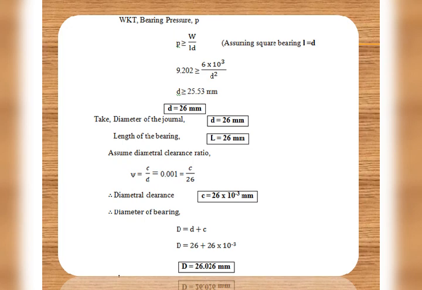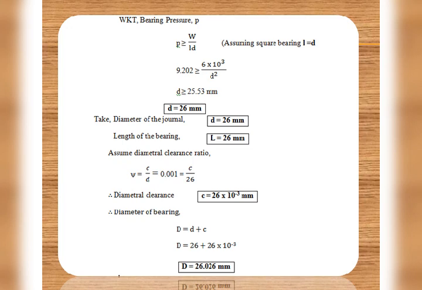Now the conclusion: the diameter of the journal D is equal to 26 mm, and since we assumed a square bearing, the length L is equal to 26 mm. Now we need clearance. We know the relation, diametric clearance ratio xi is equal to C by D. We are assuming the diametric clearance ratio is 0.001, because from previous problems we know the ratio always comes around 0.001, that is equal to C by 26.